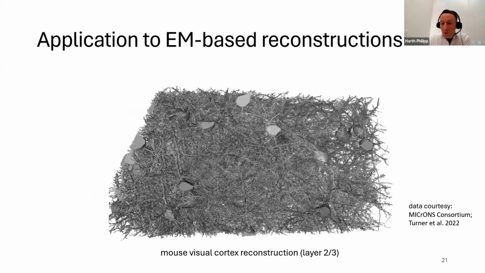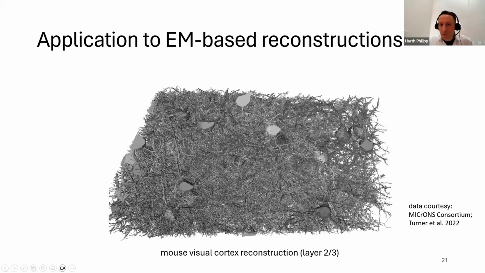We now wanted to apply these methods to datasets that are currently available, and as indicated, more and more large-scale dense reconstructions of neural tissue are becoming available. Here we see a rendering of a subset of the neurons in this mouse visual cortex reconstruction.